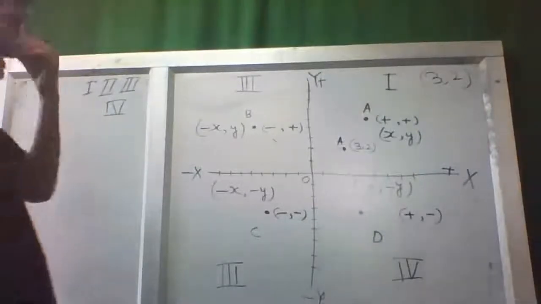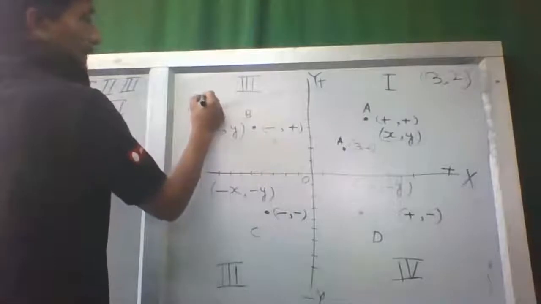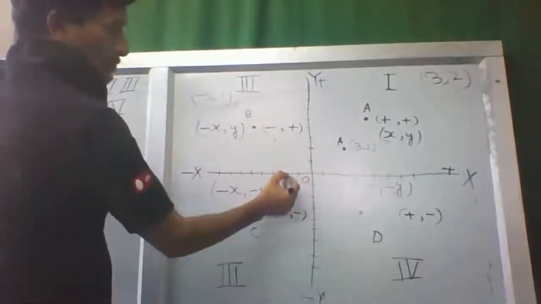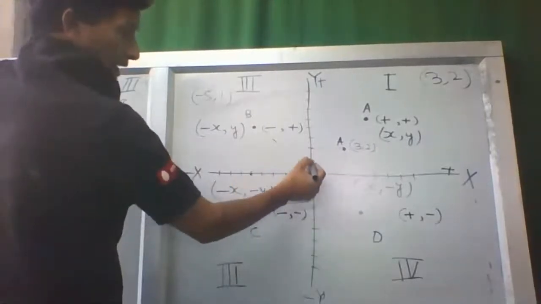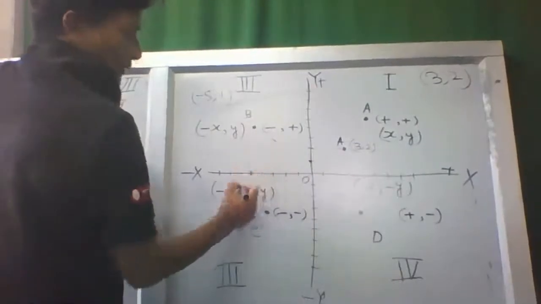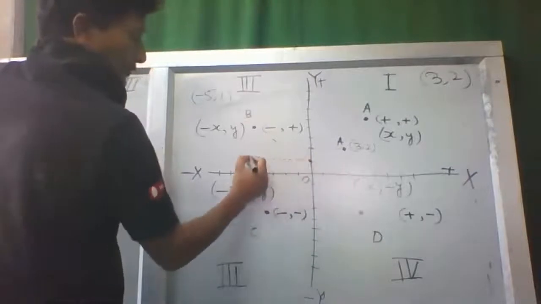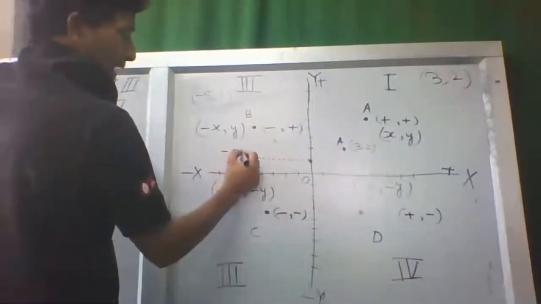If I have something like -5, 1, it means 1, 2, 3, 4, 5 on the negative x side, and 1 on the y-axis. So I will draw a perpendicular on the 5 and a perpendicular on the y-axis. So this point B is -5, 1.